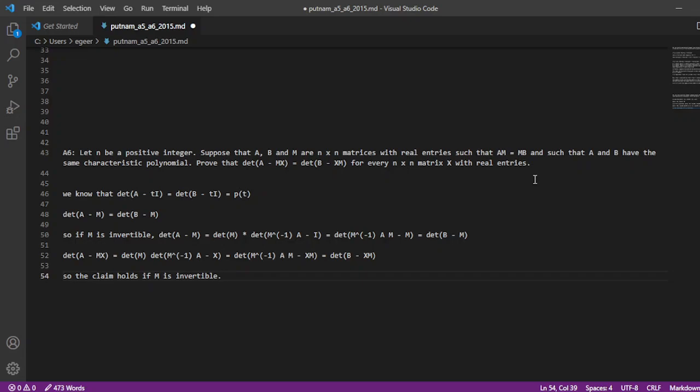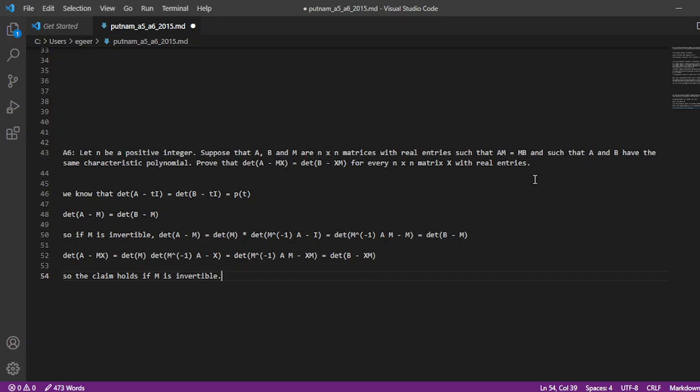So if A and B have the same characteristic polynomial, it's actually possible that M has to be invertible. Like, it's possible we can somehow construct some kind of inverse for M, but I'm not sure about that at all.